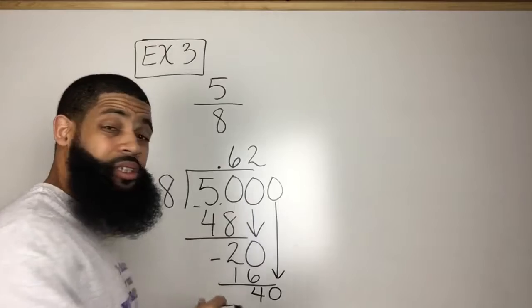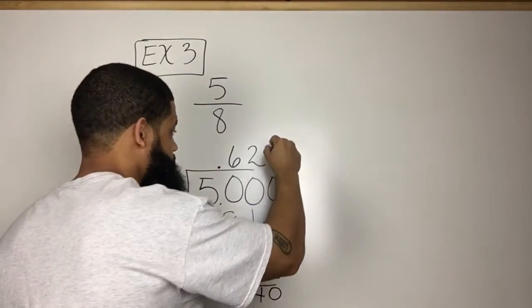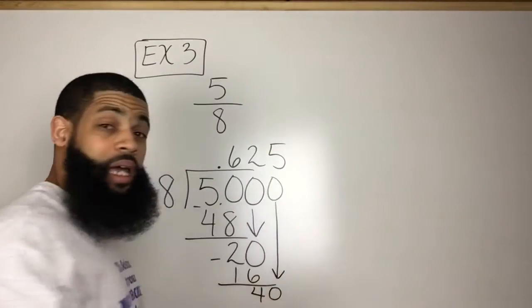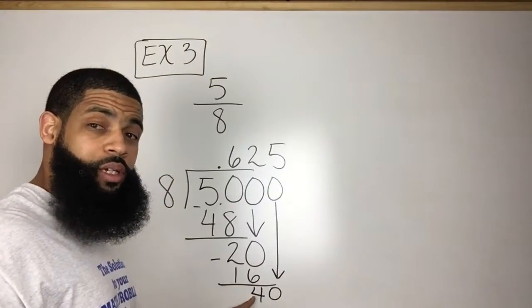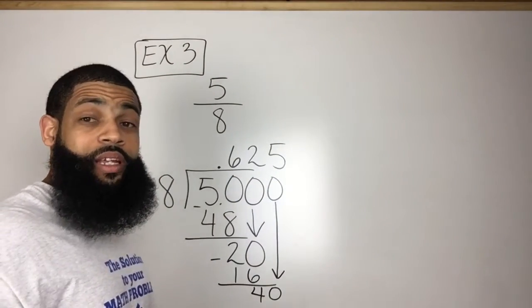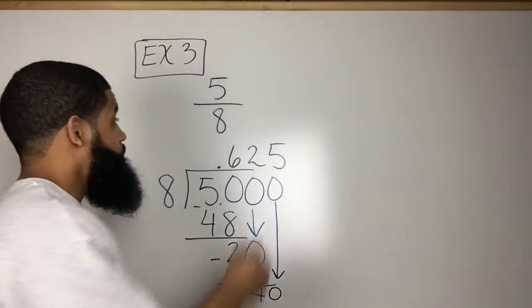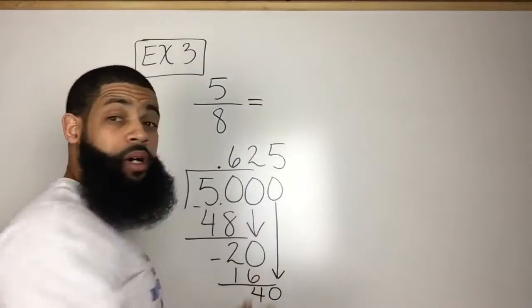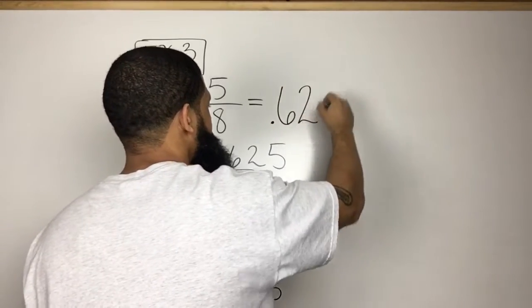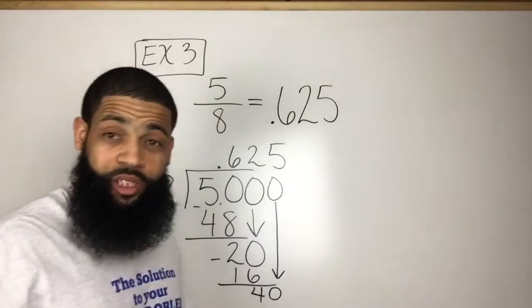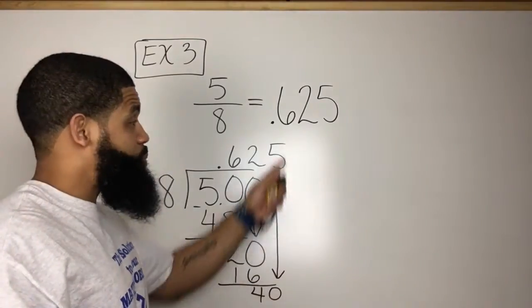And 8 goes into 40 5 times. Now 8 times 5 is 40. So down here I put the 40 under that 40. And it subtract with nothing left over. So the decimal form of 5/8 is 625 thousandths.